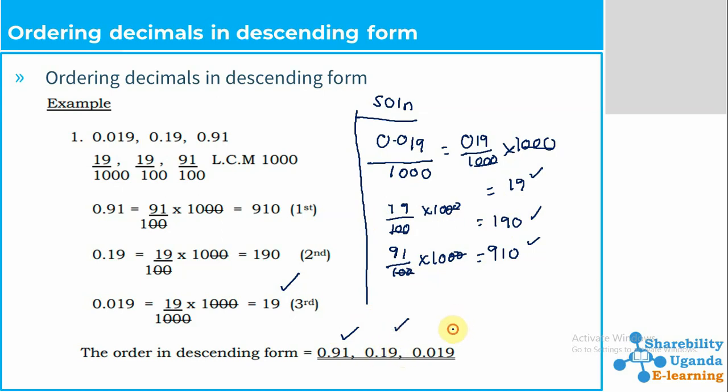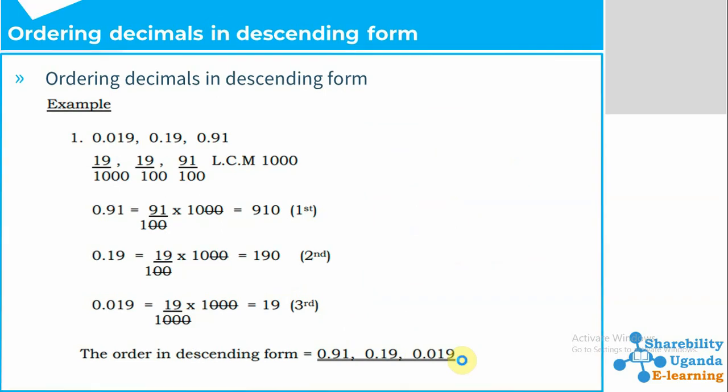Okay, then lastly the small one. So this is how we arrange these numbers according to what? According to descending.